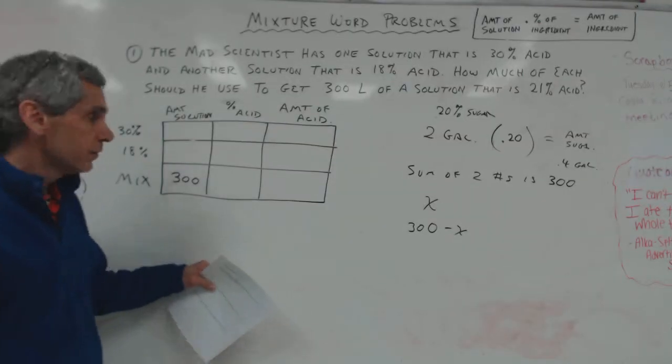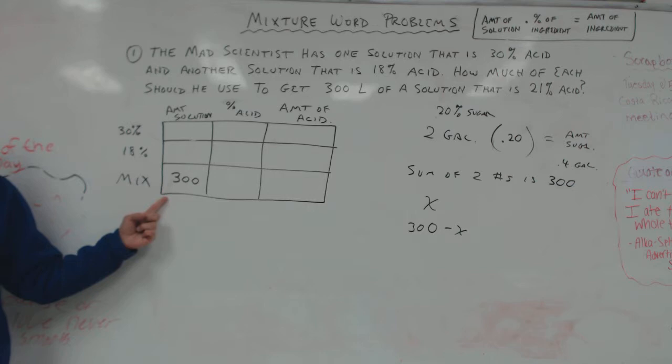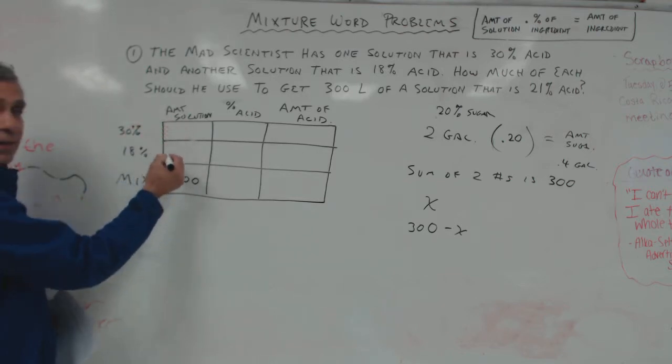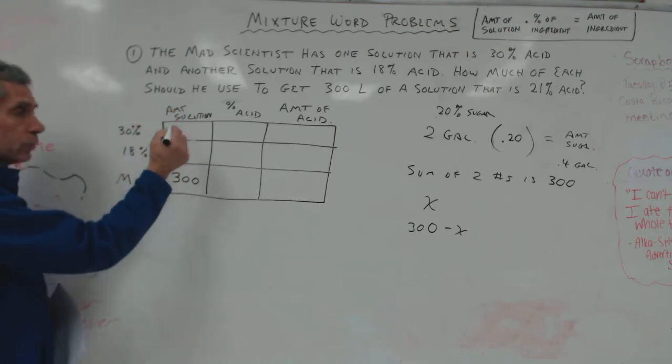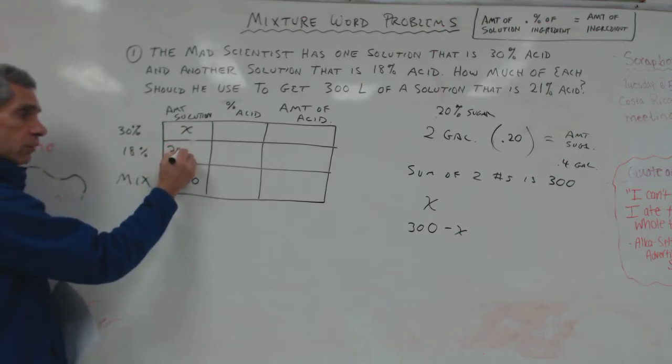You with me? Okay, so we know the total of these two is 300. We know that this plus this equals 300, therefore one of these has to be x. It doesn't really matter which one. I'm going to make this one x, and I'm going to make this one 300 minus x.